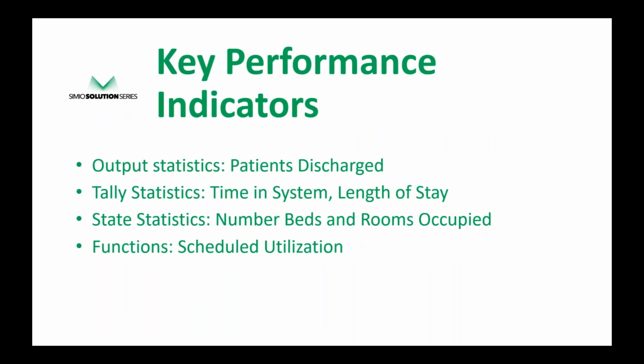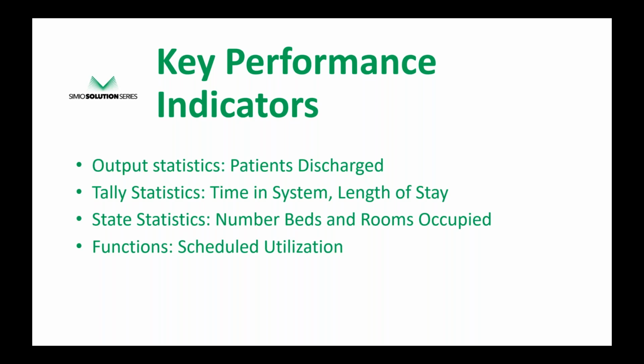And since we're talking about statistics, here are some of the key performance indicators that we'll be talking about. You'll notice that we're looking at output statistics, one example being patients discharged, tally statistics as in time in system, so total time, or length of stay in a treatment area, so not including any waiting time.